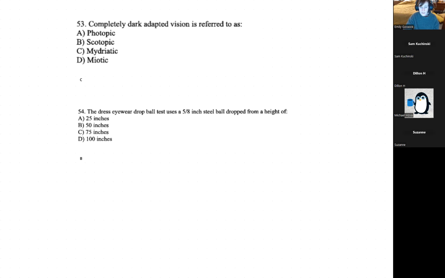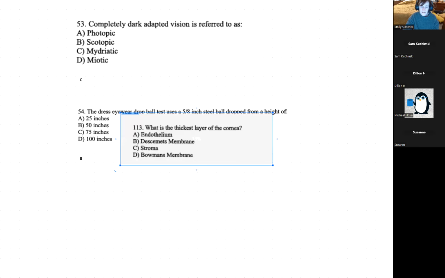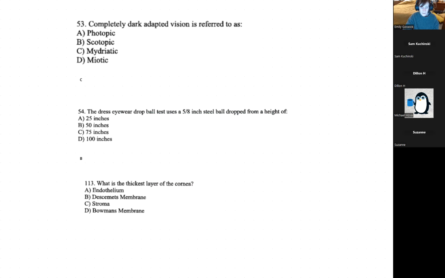All right, let's go to another cornea question. So again, you may already know this, but good one. What is the thickest layer of the cornea? So I already put up that picture of the cornea, but I'm going to put it up again.